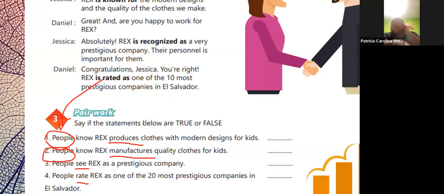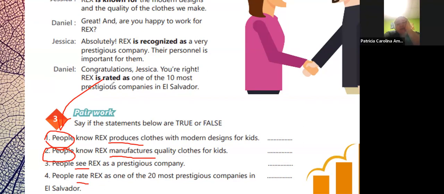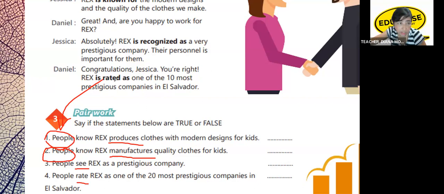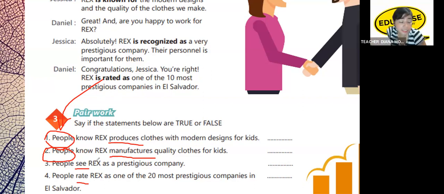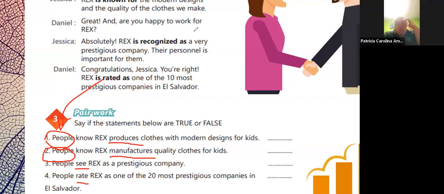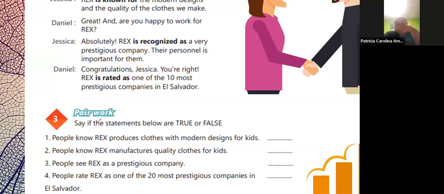Rated. Rated is similar with classification. Okay, if rated is similar to classification, is it a synonym of classification? Yes, it can be, if that's the question. I think that is the question. Yes, I hope.